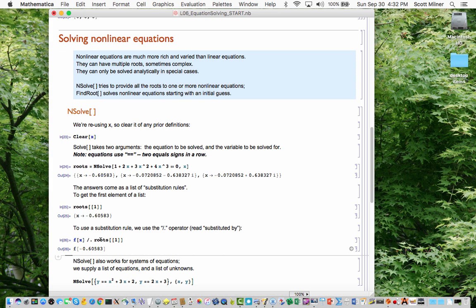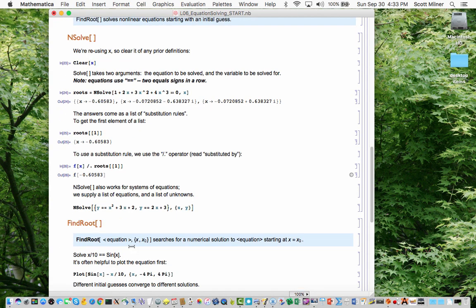So f of x substituted by the first of the roots is f of minus 0.6, etc. Because f has no definition, Mathematica doesn't further evaluate this, and this is a good way of just seeing how this substituted by operation works with a function that has no particular definition.